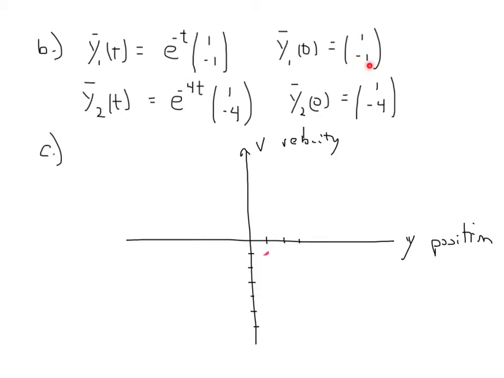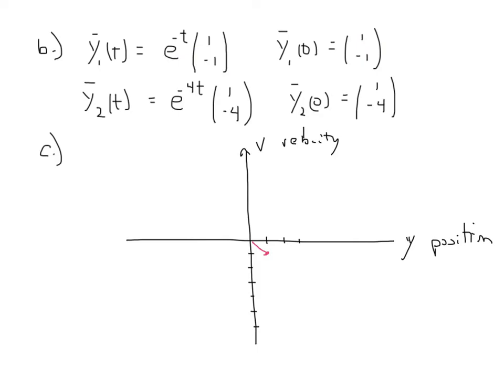Still, this is a heavily damped system. All solutions lie on the line (1, -1), and as t increases, this gets smaller and smaller, and so the solution is just this little straight line that starts here and moves to the origin but never reaches it.